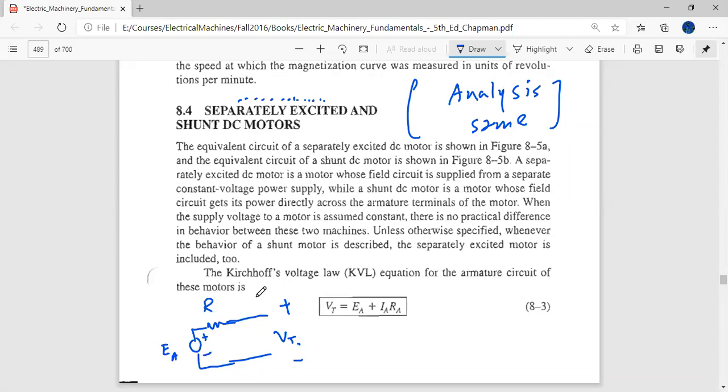And the only drop in the armature other than the armature induced EMF is due to the armature resistance RA. So if we write the Kirchhoff voltage law equation, the supplied EMF is equal to the drops. The first drop is IA RA, across the armature resistance, and the second drop is EA because it is opposing the terminal voltage. So for all practical purposes, this is the main equation, and it comes simply from Kirchhoff's voltage law.